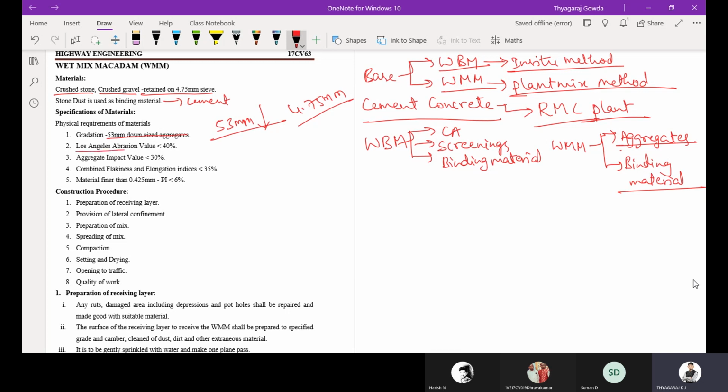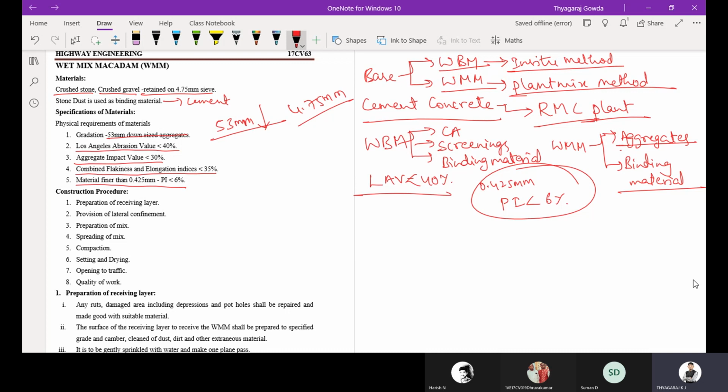Los Angeles abrasion value should be less than 40%. Impact value less than 30%. Combined index less than 35. The binding material should have fines passing 0.425 mm, and the plasticity index, PI, should be less than 6%.